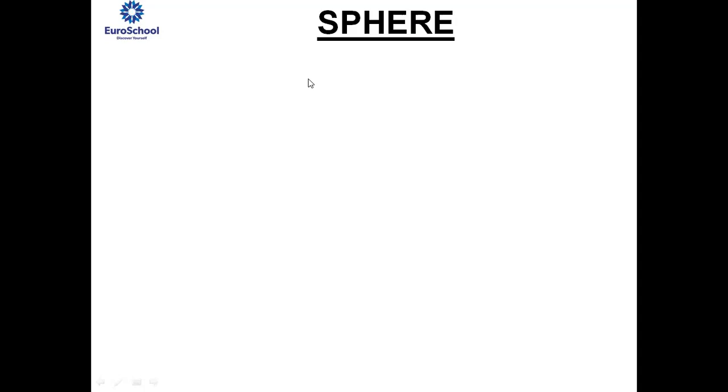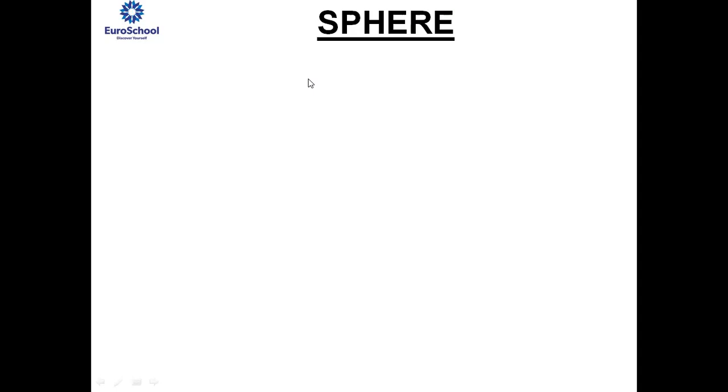Now, what is the volume of a sphere? 4 by 3 pi r cube. Okay. Surface area of a sphere? 4 pi r square. Okay.